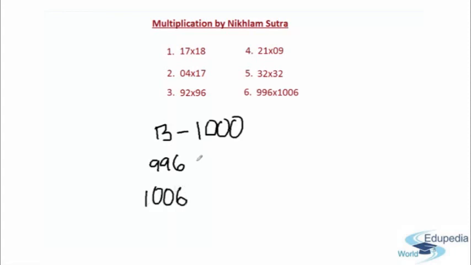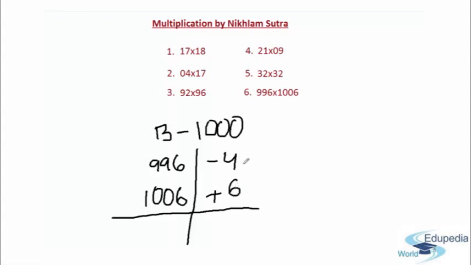After writing this, you just place a vertical bar and a horizontal bar. Compare the numbers 1000 and 996. 996 is 4 less than 1000, so you have to write minus 4. Now if you observe the numbers 1006 and 1000, 1006 is 6 more than the base 1000, so you have to write plus 6.